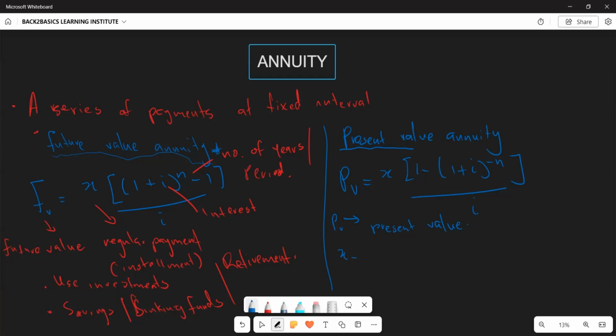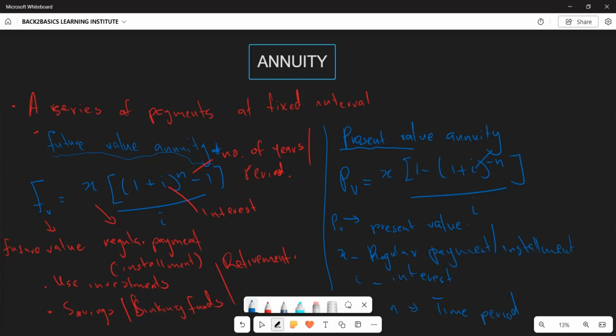The X still represents the regular payments according to the time period, or if not, these are the installments that you wish to make, right? And then the i here represents the interest that you are going to earn, and the n represents the time period.